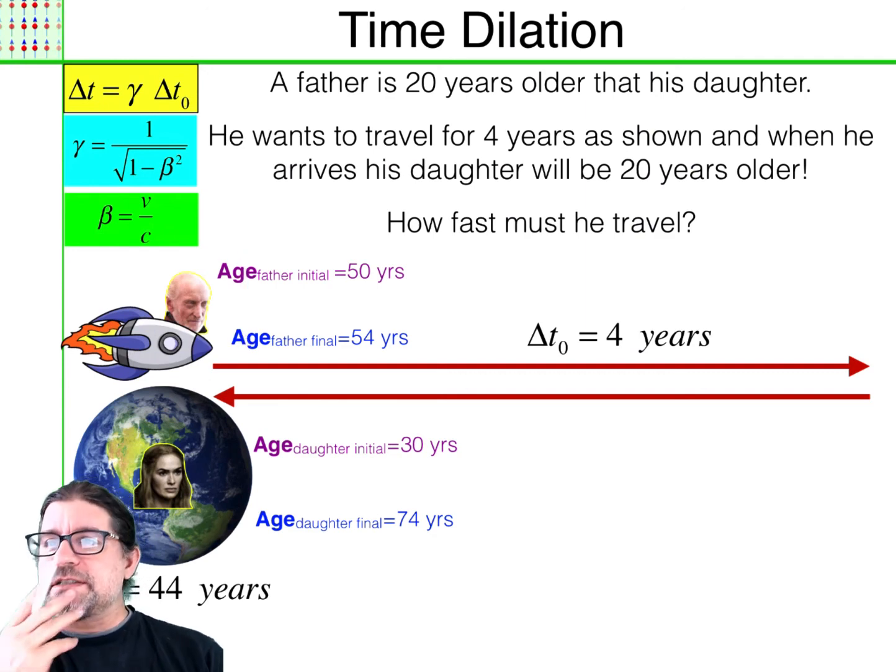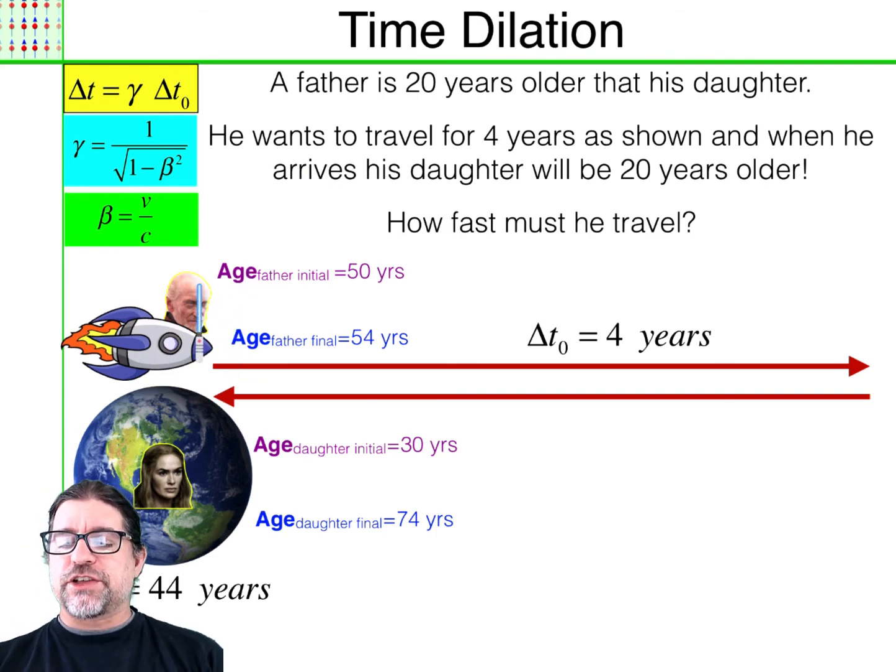So he's like, all right, if I travel for 4 years at a very high speed, 2 years out, 2 years back, so the total time is 4 years, then I age 4 years. But my daughter, who was originally 30, will then be 74. In other words, I will age 4 years and my daughter will age 44 years. How much fun would that be?